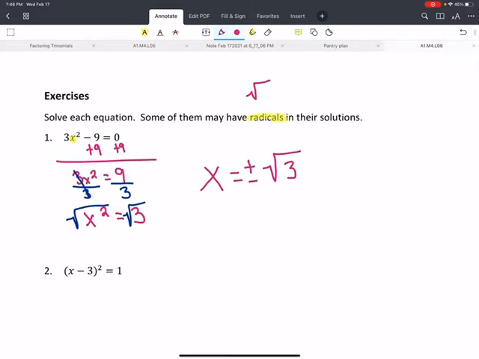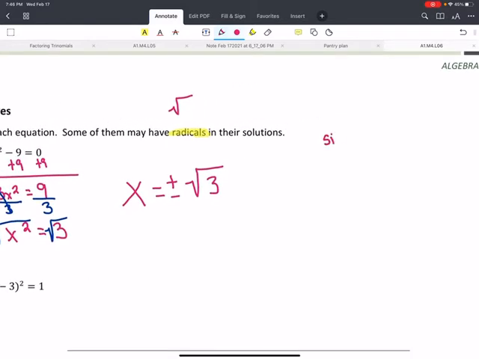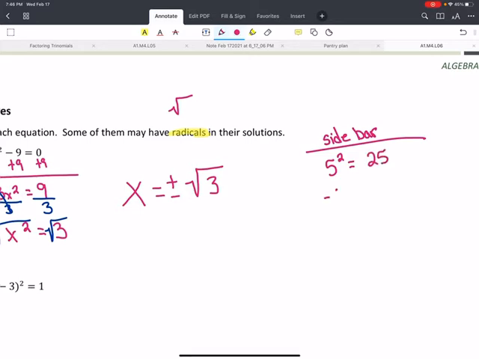Okay, let's have a little sidebar over here. A little side conversation. The reason that works is if I take a number like 5 and I square it, what do I get? I get 25. But if I take negative 5 and I square it, negative 5 times negative 5 is still positive 25.